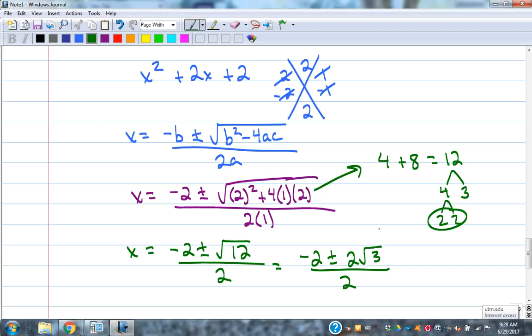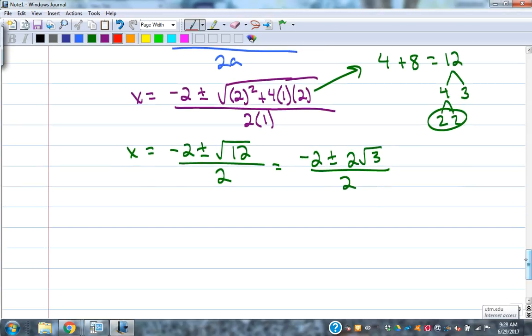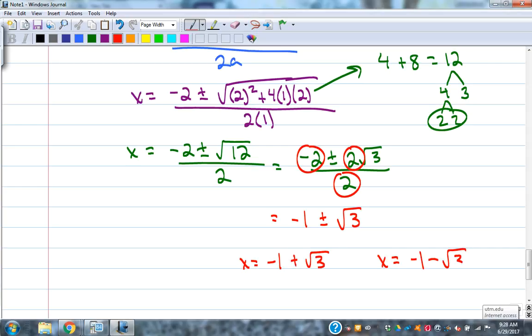Now, I want to simplify that because this, and this are all divisible by what number? 2. So I'm going to divide them all by 2. So that's going to be negative 1 plus or minus radical 3, all of that over 1. So I'm just going to write it like that. So I have zeros, x equals negative 1 plus radical 3, and x equals negative 1 minus radical 3. Those go along with the 0 that they told me at the beginning.